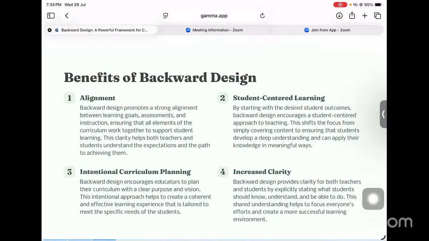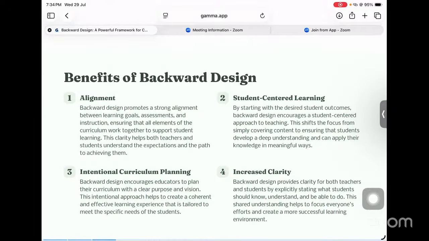Now, when you do backward planning, you intentionally plan the curriculum. It will help to create a very effective learning experience. So intentional curriculum planning happens because of backward design.